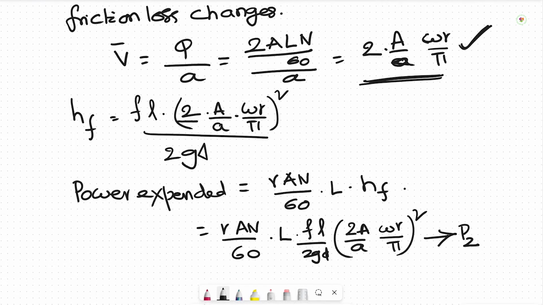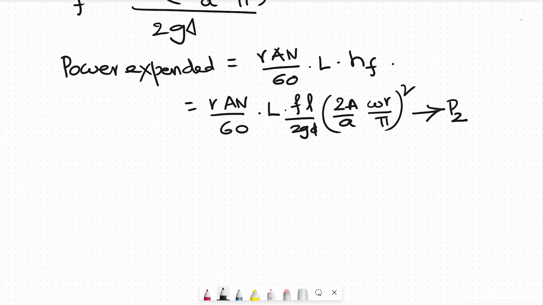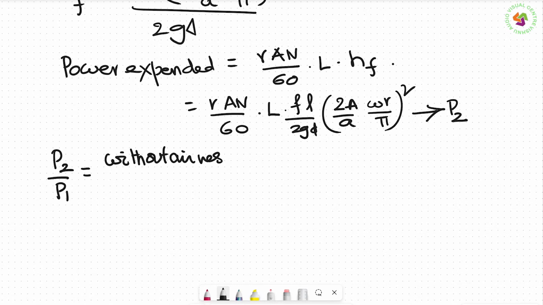So therefore, P2 by P1. P1 is without air vessels, and P2 is with air vessels.